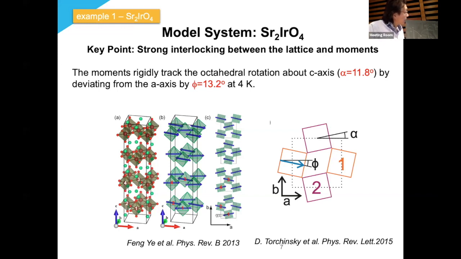Other experimental studies also indicate a strong coupling between structural rotation and magnetic canting. This is one of the major features in iridates, and particularly for this compound.